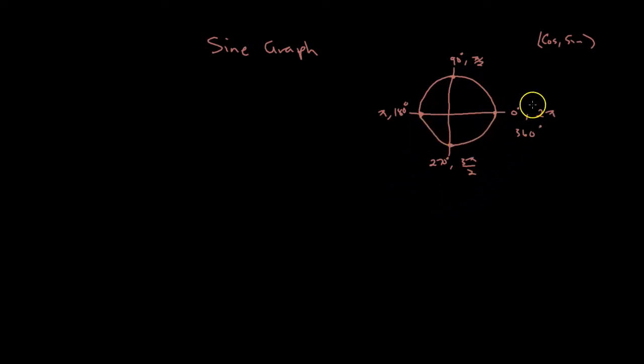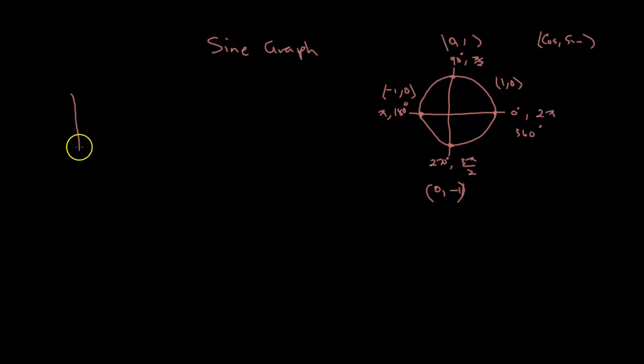Okay, so here we have x is 1, y is 0. Here we have 0, 1. Here we have -1, 0. And then here we have 0, -1. So what I want you to remember here is that the x coordinate represents cosine and the y coordinate represents sine.